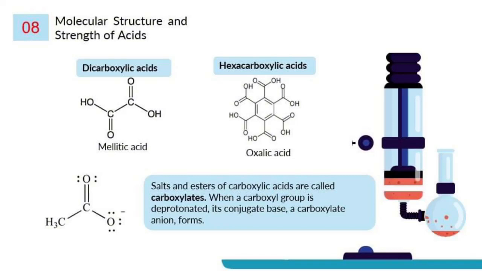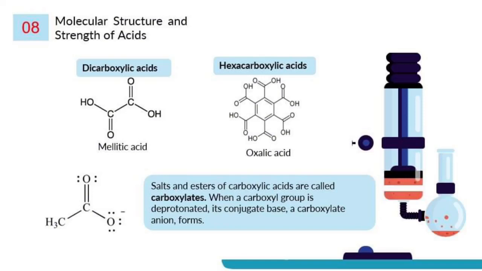Oxalic acid, composed of two connected carboxyl groups, is the simplest dicarboxylic acid, while mellitic acid, featuring six carboxyl groups, is an example of a hexacarboxylic acid. Salts and esters derived from carboxylic acids are referred to as carboxylates.